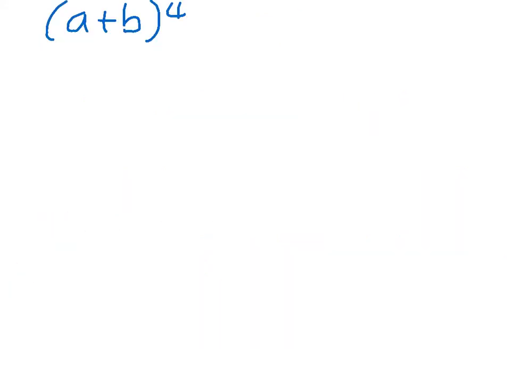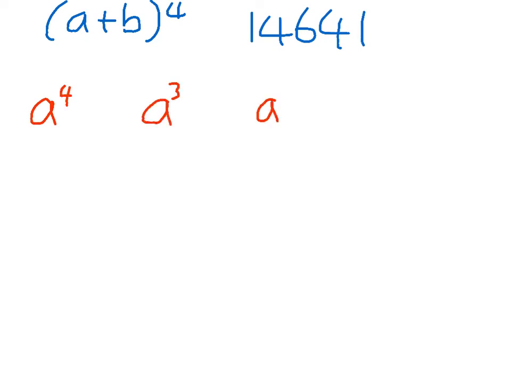So, very quick recap, to multiply out this, you need the fourth row of Pascal's triangle, which goes something like that, and then you just need to start with your a to the power of 4 and work your way downwards. So we've got a to the 4, a cubed, a squared, a, and then that's going to be 1 at the end.